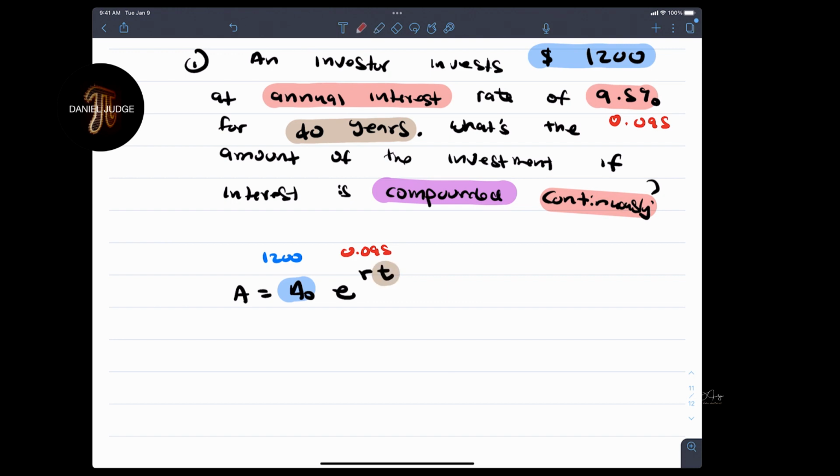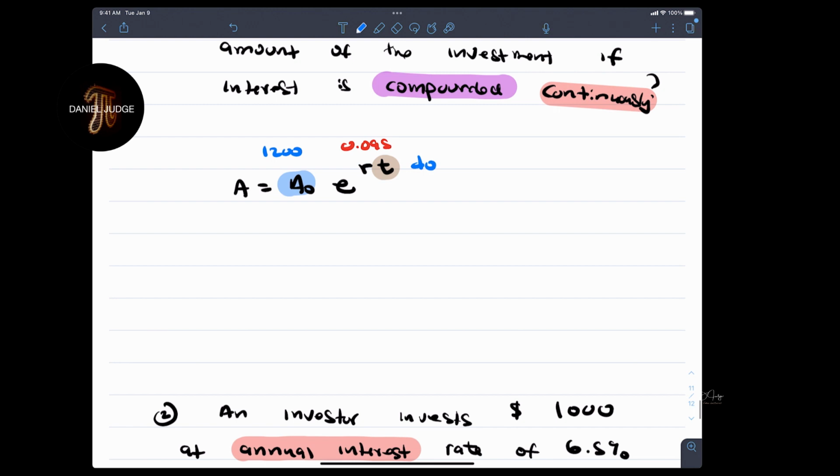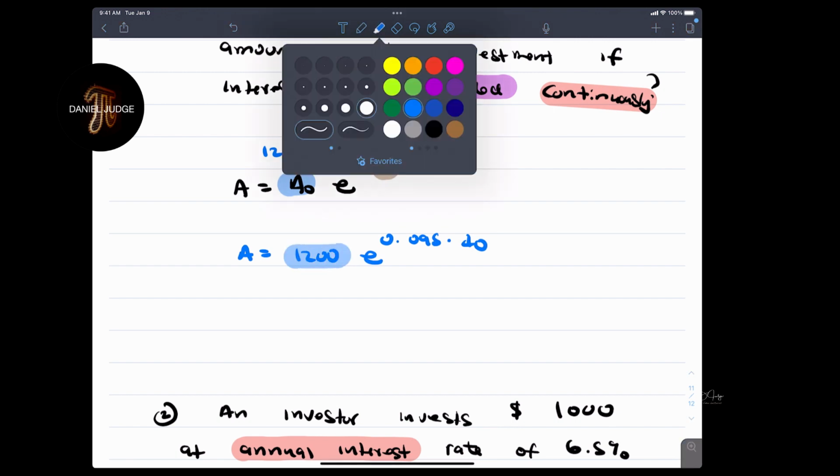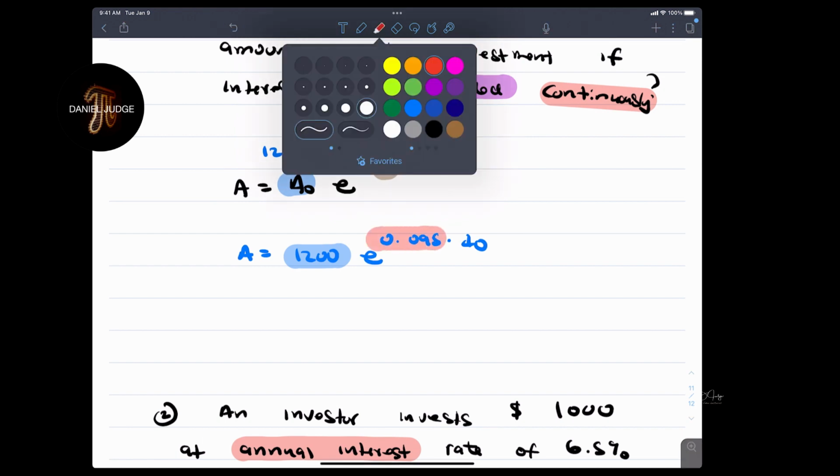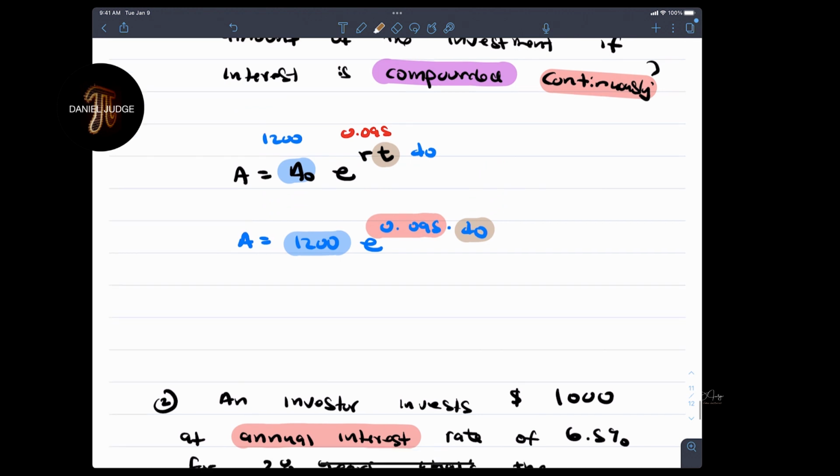This is T. So you punch in 1,200 E to the 0.095 times 40, ladies and gentlemen. This is what you enter. So remember these important values and where they belong. This goes here.